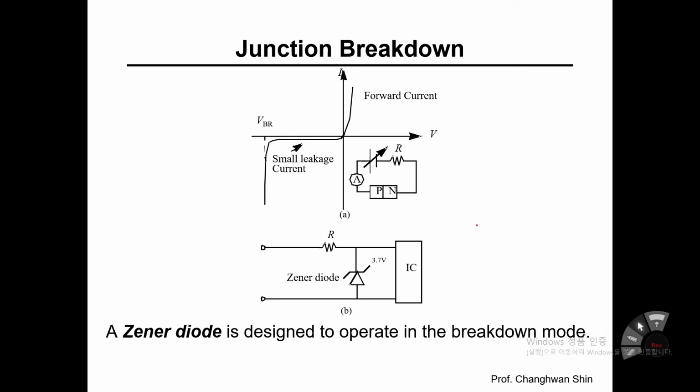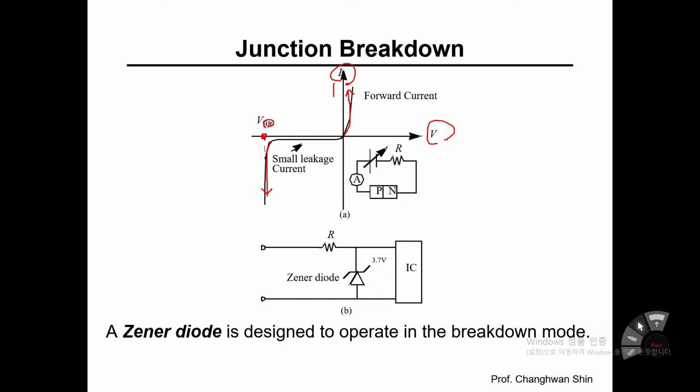So, as graphically shown in this current versus voltage characteristic of the junction diode, at a certain reverse bias denoted as V sub BR, BR indicates breakdown, the current flow can be exponentially increasing. As we have learned, under forward bias the current can be exponentially increasing in a PN diode.